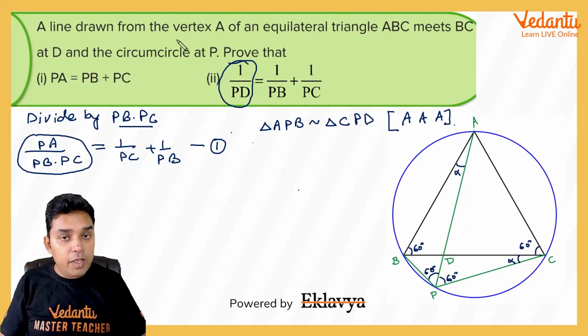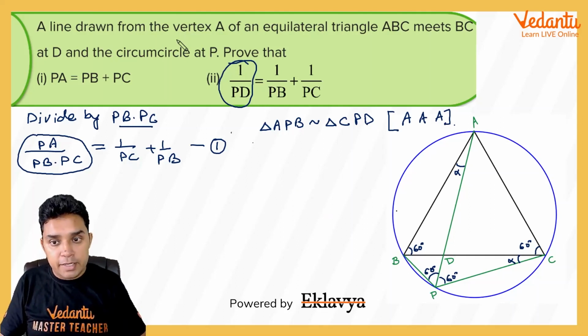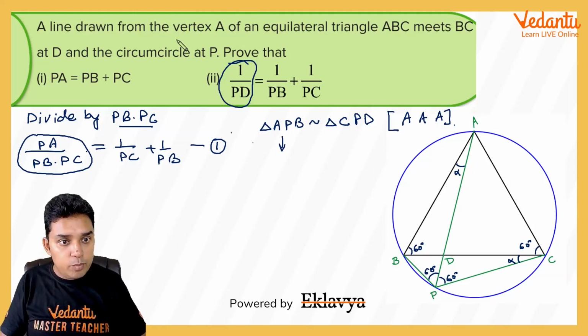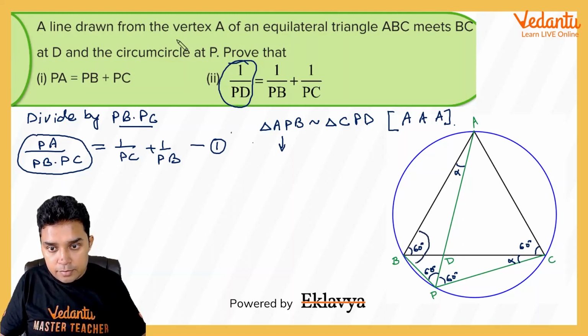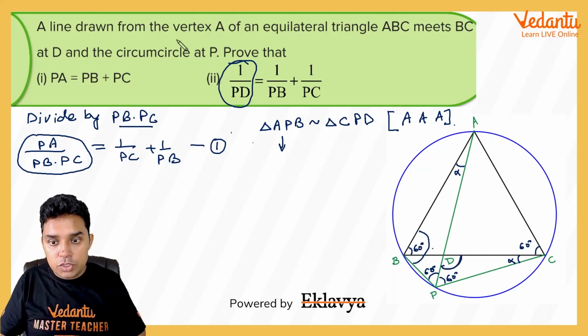Now, if I compare the corresponding sides, in triangle APB I have to prove PA, so I will take this as one angle, and corresponding to this angle in triangle CPD we will have the same angle at D. So let me take the side opposite to this angle in triangle APB, it will be AP here, and the side opposite to alpha will be BP here.